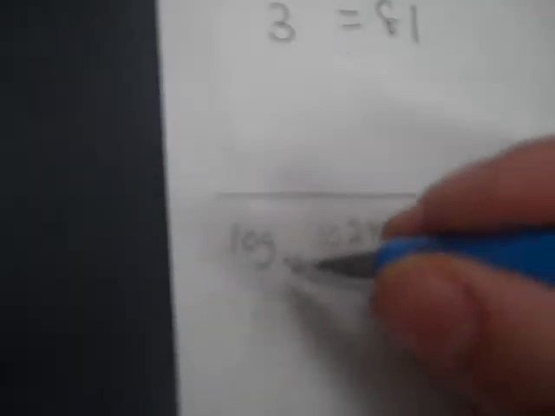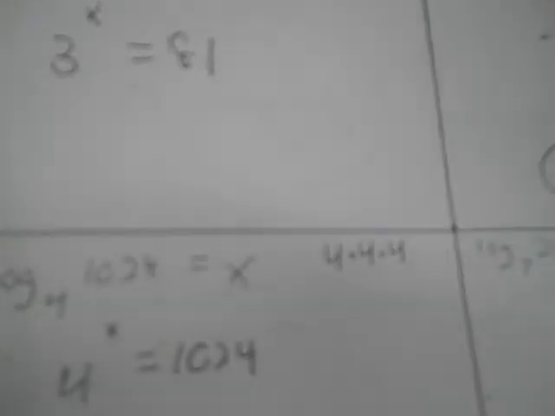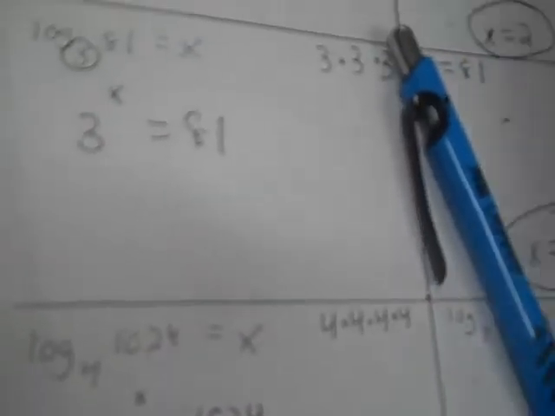Okay, next one. We have 4 to the x power equals 1024. Let's try to figure out how many 4s it takes to multiply to 1024. So there's 1. That's 16. Again, if you lose track, you have a calculator. So that's 64. Nope, not there yet. 256.